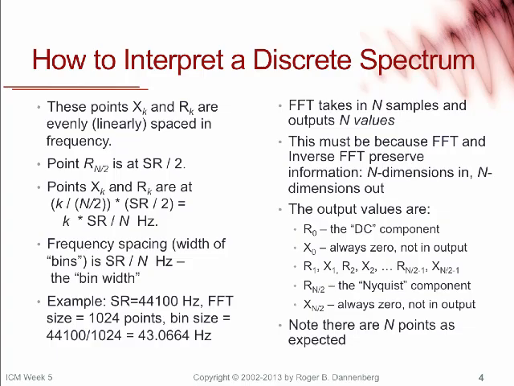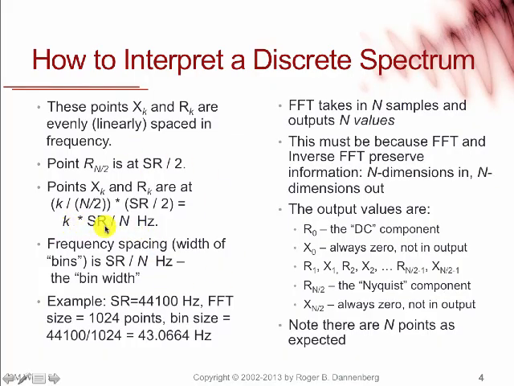Remember, the Fourier transform is doing a spectral analysis. It's analyzing the frequency content of the signal, and it's producing a discrete set of coefficients that represent the energy at each of those frequencies that gets analyzed. So what we're doing now is talking about what are the exact frequencies used in the analysis, and that's what this formula up here gives us.